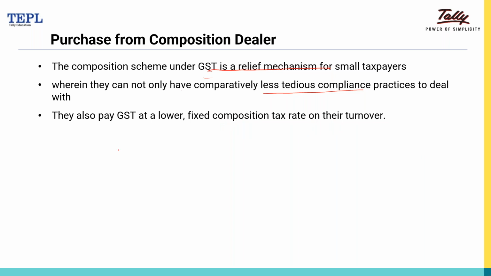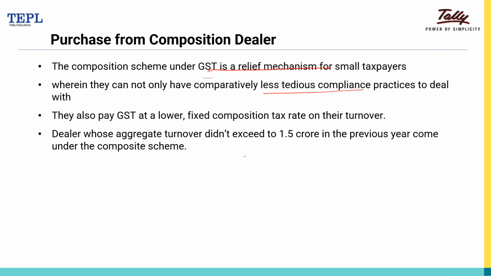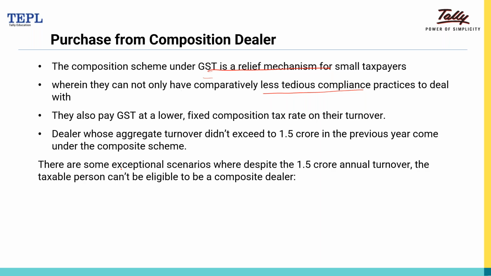They also pay GST at a lower fixed composition tax rate on their turnover. If your turnover is less than 1.5 crore, then you can go for the composition scheme. But there are some exceptional scenarios where, despite a 1.5 crore annual turnover, the taxable person cannot be eligible to be a composite dealer.